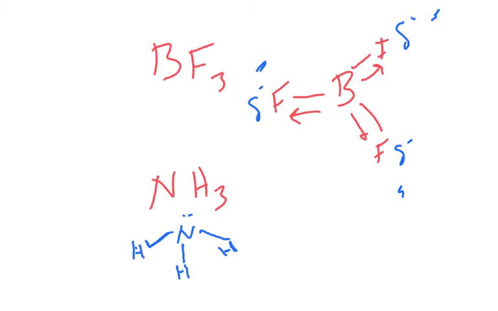Now the difference in electronegativity between nitrogen and hydrogen is probably not that great, but nitrogen is probably a little bit more electronegative, and so you would have electrons being pulled like that towards the top of this molecule. The shape of this molecule would be a trigonal pyramidal molecule, but you would end up with, at the top, up where this nitrogen is, a slightly negative, and down here where all the hydrogens are would be slightly positive.